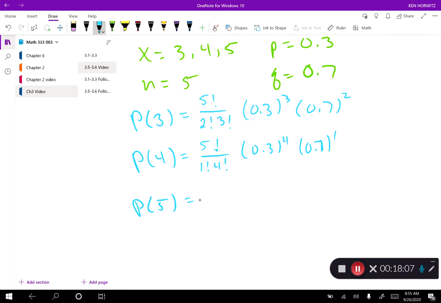And lastly, I have 5 factorial over 0 factorial, which we know is 1, 5 factorial, times 0.3 to the fifth, 0.7 to the 0 power. All right, so why don't you take a minute, pause the video, run these through the calculator, and we'll talk about the answers on the back end.